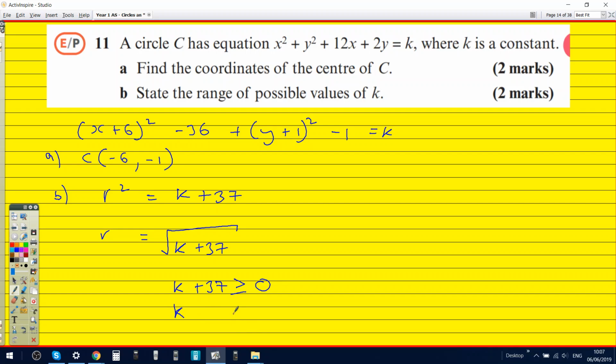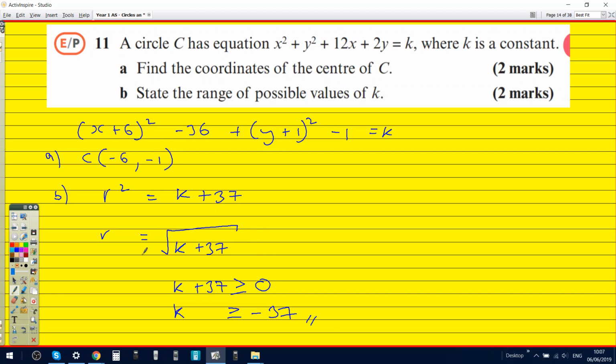And so what is k greater or equal to? Solve for k. Taking the 37 across, to minus 37. Yeah, so basically k has to be minus 37 or bigger.